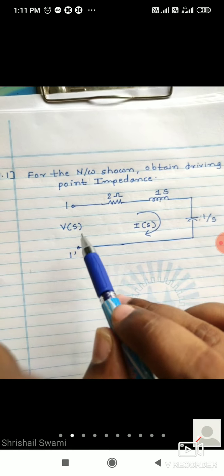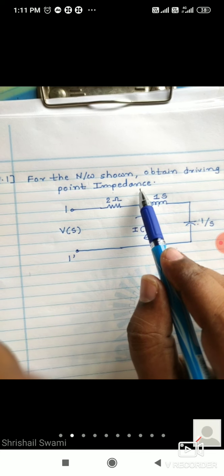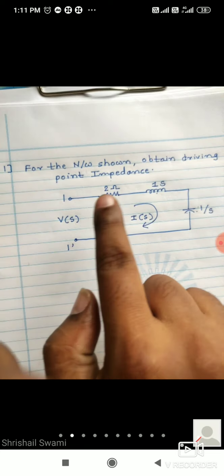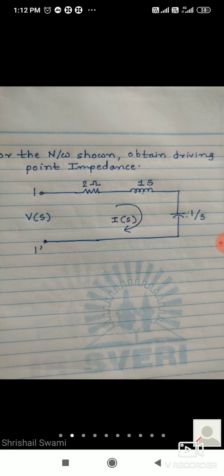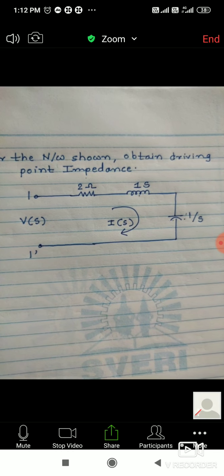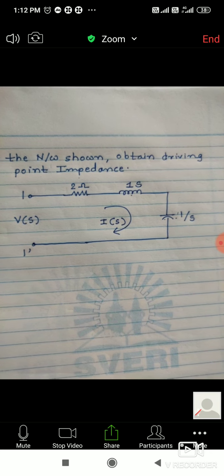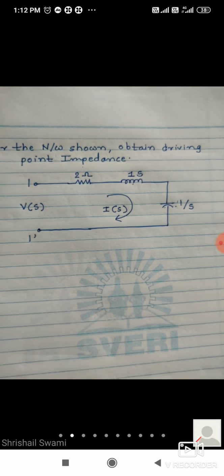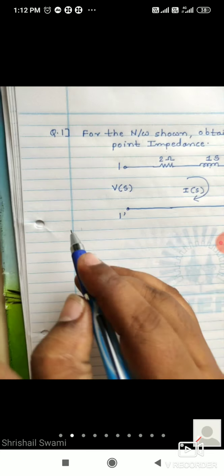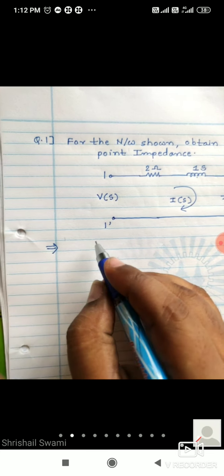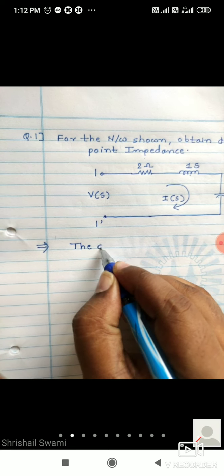As it is one port, only one port is given. So driving point impedance means what? This is a one port network now. So for a one port network, how to find driving point impedance? That is denoted by Z of S, which you have to calculate. So the answer is very simple.